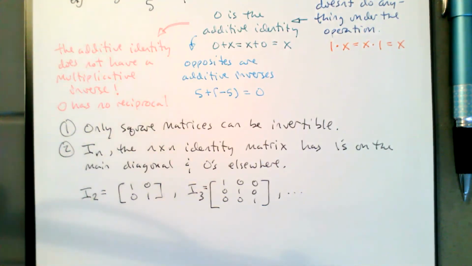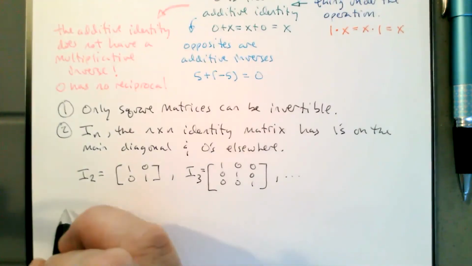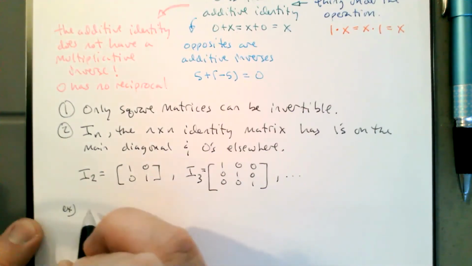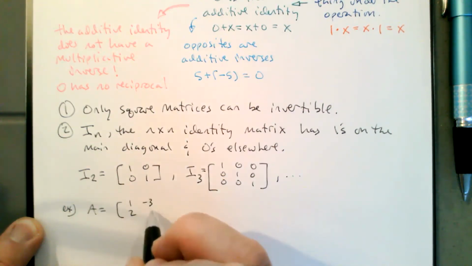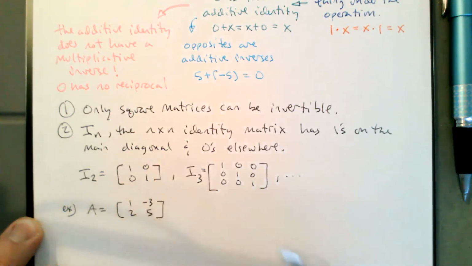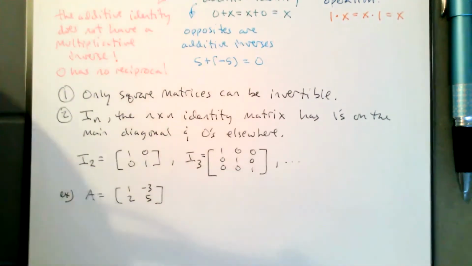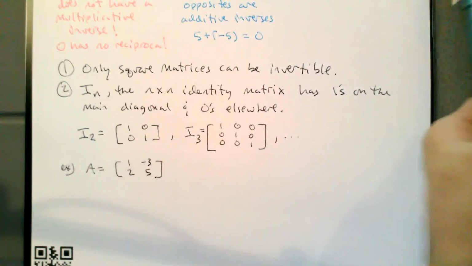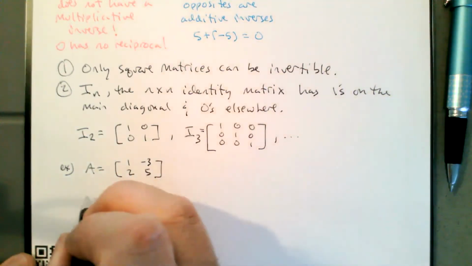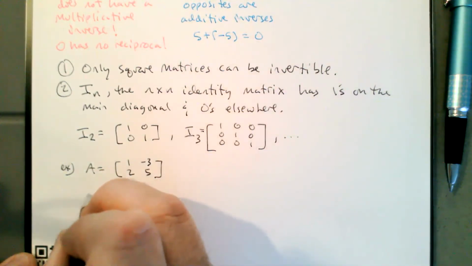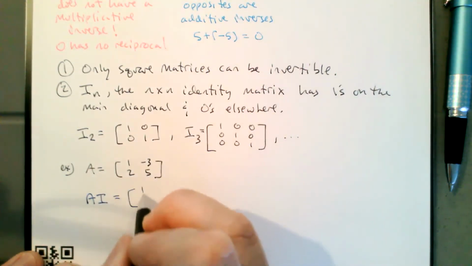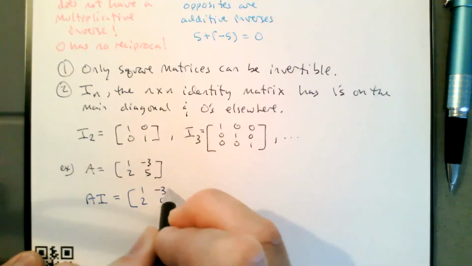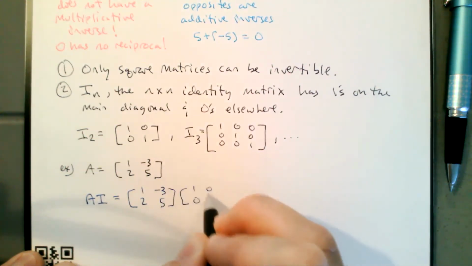Now these get to be the identity matrices because if I multiply an identity matrix by any other matrix, it shouldn't change anything. So let's try that. Let's suppose that A is equal to 1, 2, negative 3, 5. I'm doing A times I first. So I take 1, 2, negative 3, 5, and multiply that by 1, 0, 0, 1.